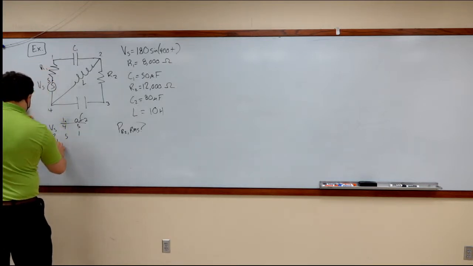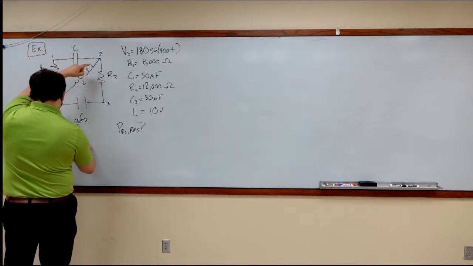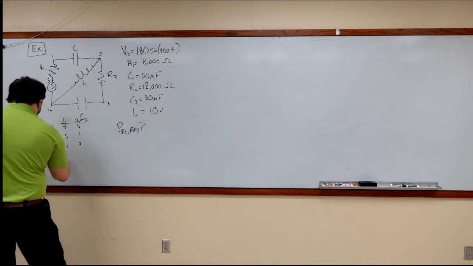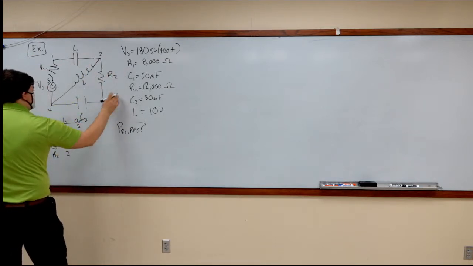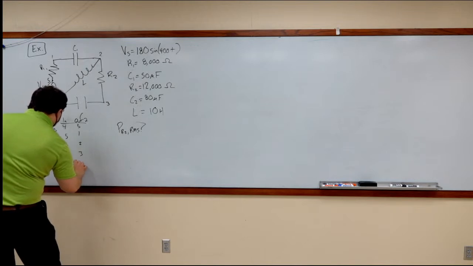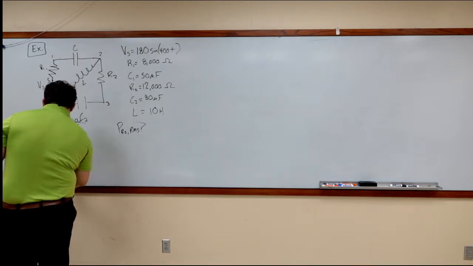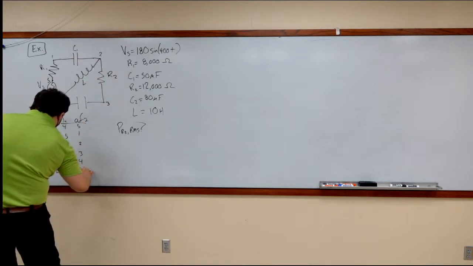For C1, the input node is 1. The output node is 2. For R2, the input node is 2. The output node is 3. For C2, the input node is 3. The output node is 4. And for L, the input node is 2. The output node is 4.